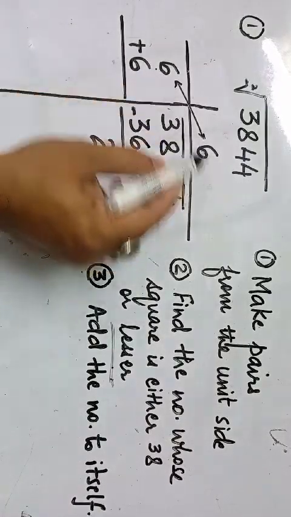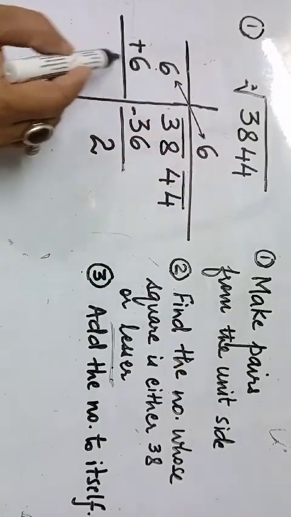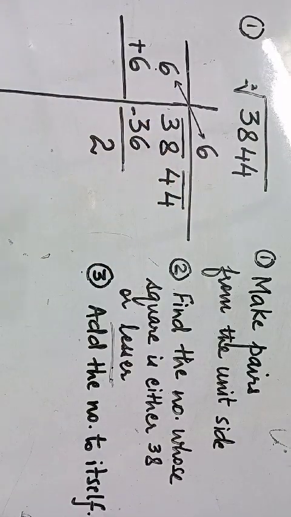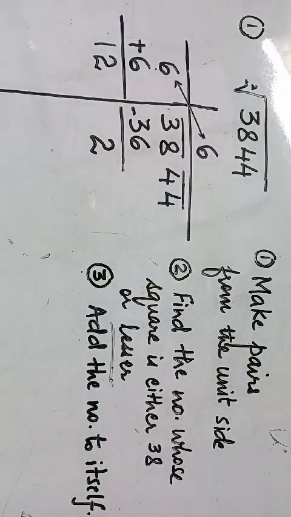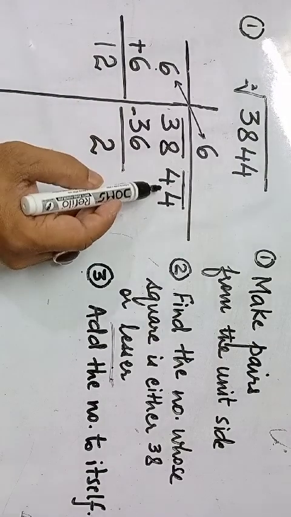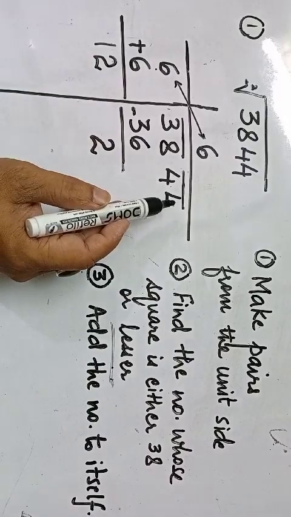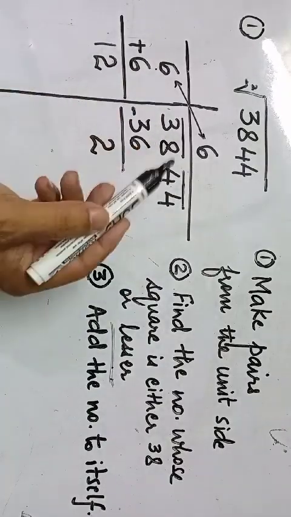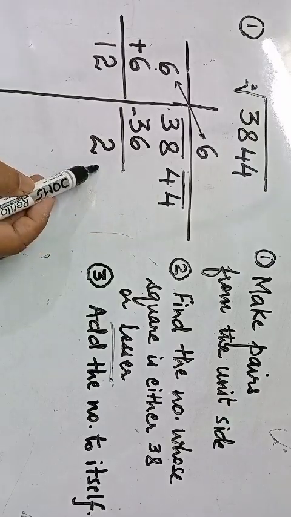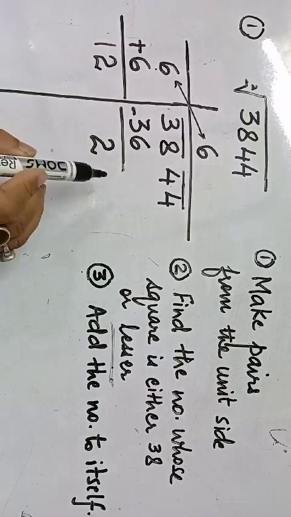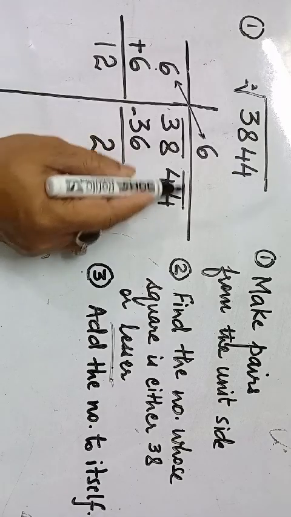Here there will be multiplication going on, and in this line it will be the addition going on. So 6 plus 6 gives me 12. Now, had this been a normal division question, only the next single digit 4 would have come down. But since this is square root finding, we bring the whole pair down.